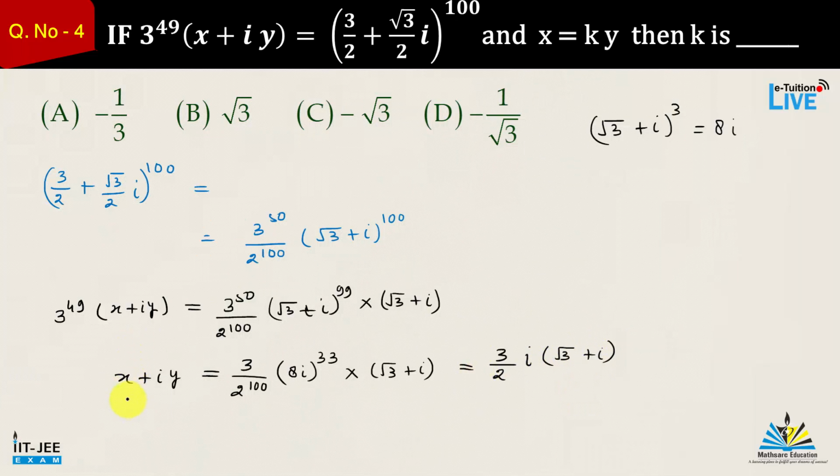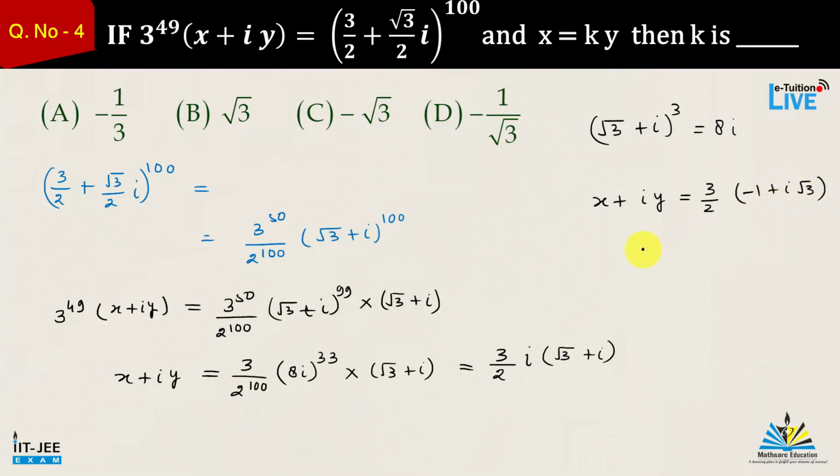Now we have a relation: x plus iota y is equal to 3 by 2 times iota into iota, that is minus 1, and iota into root 3, that is plus iota root 3.